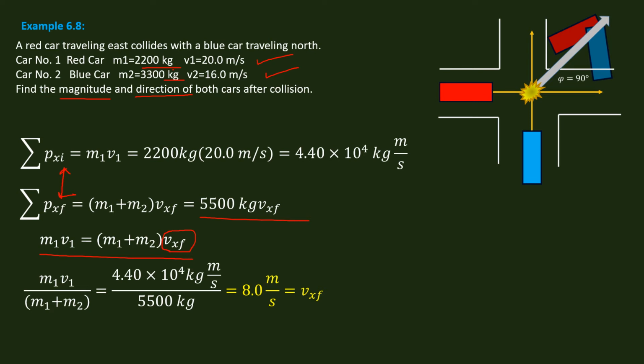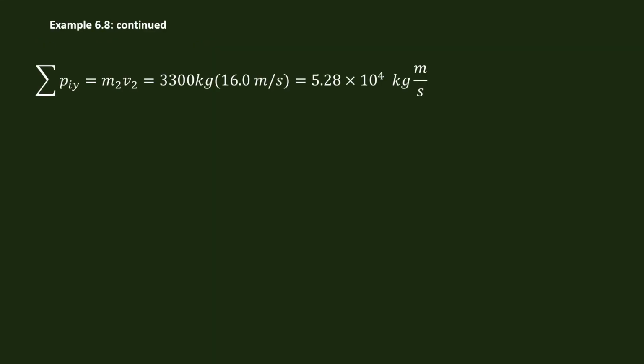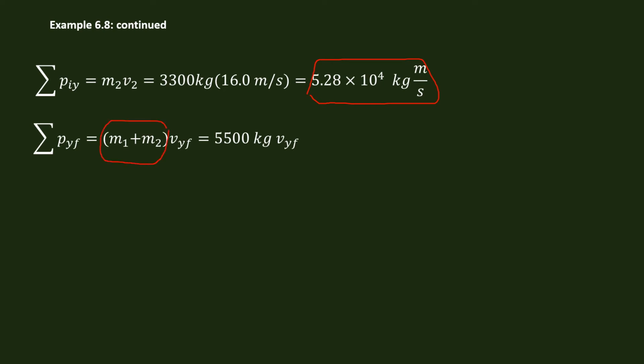Okay, and when we do, we get an answer of 8.0 meters per second. Now that's on the x-axis. Now let's continue on to the y. The y momentum in is going to be equal to this value right here. We just basically take m times v, and the final will be the total of both masses, because it's an inelastic collision, with this answer.